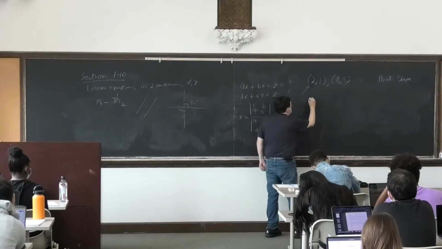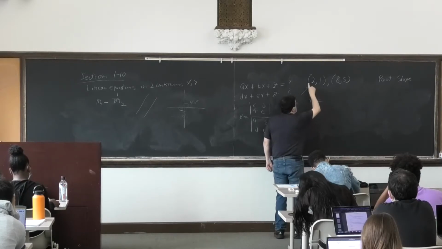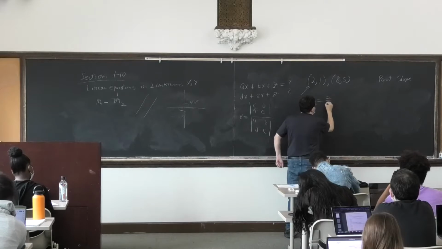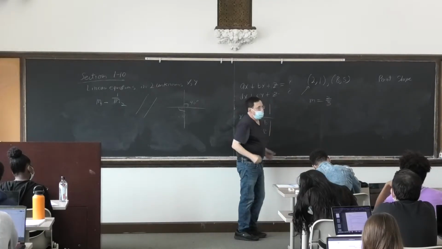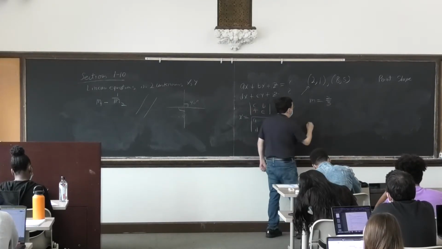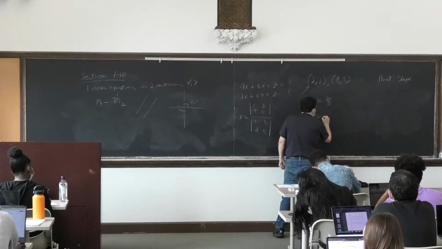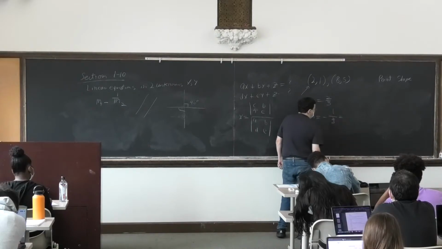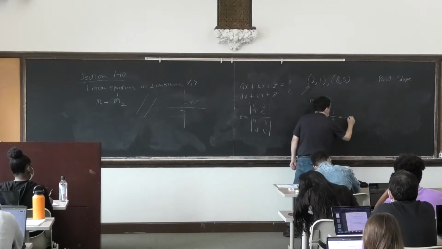Okay? What was the slope through these points? It was 2/3. So the slope I'm looking for is the negative reciprocal, which I hope you all know is -3/2.